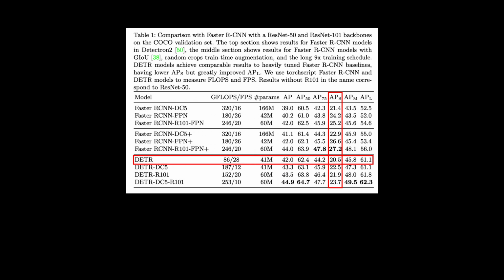Speaking of smaller objects, notice that DETR ends up having poor performance on small sized objects, especially compared to FPN variant or faster RCNN, in which we use feature maps of higher resolution to improve detection performance on small sized objects. This is expected because using the coarser feature map, DETR finds it difficult to predict small objects as well as faster RCNN with FPN.